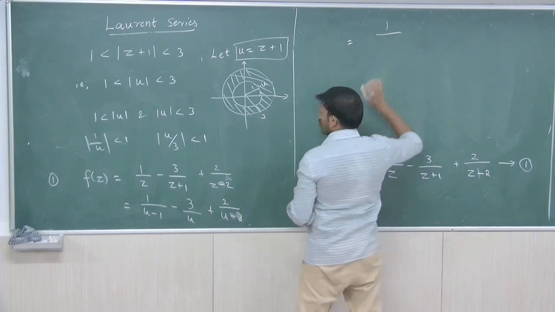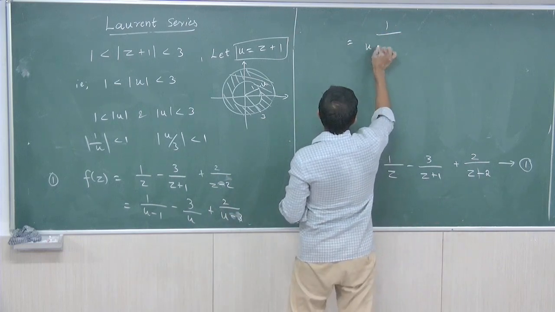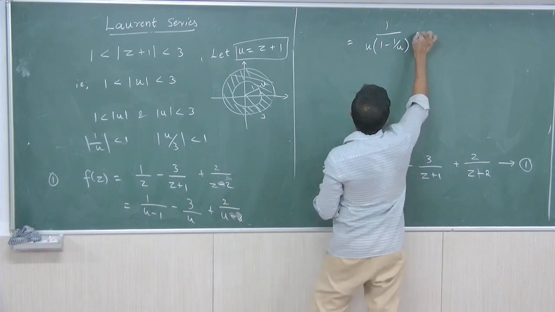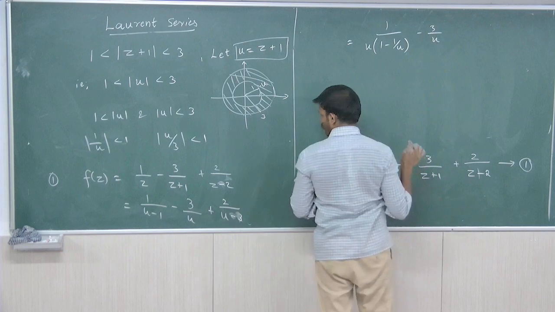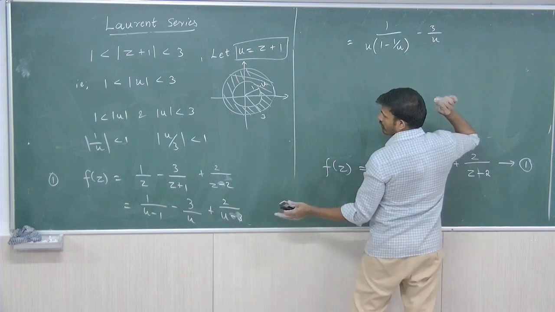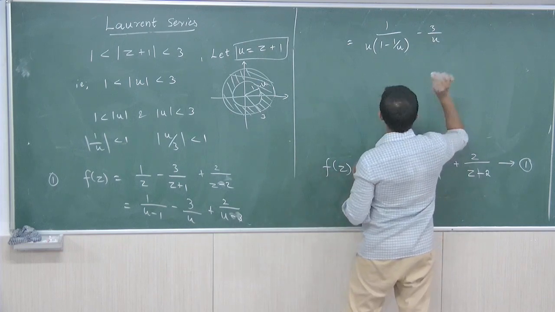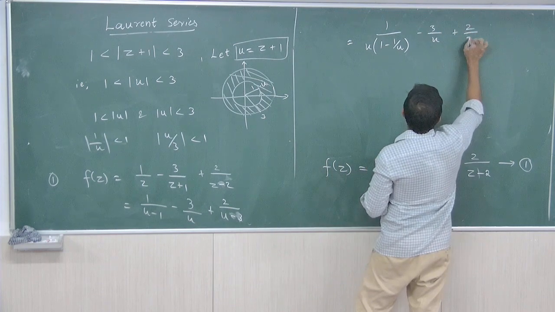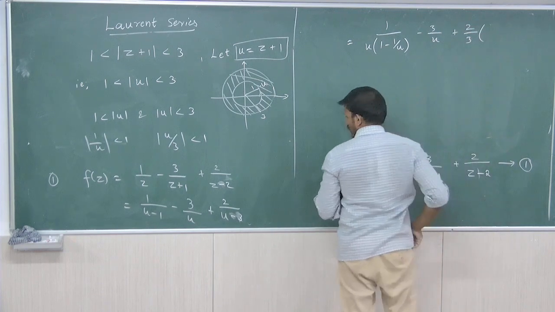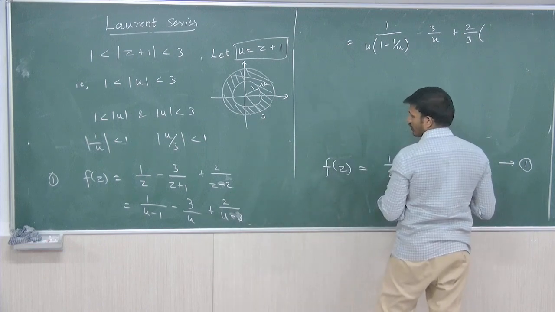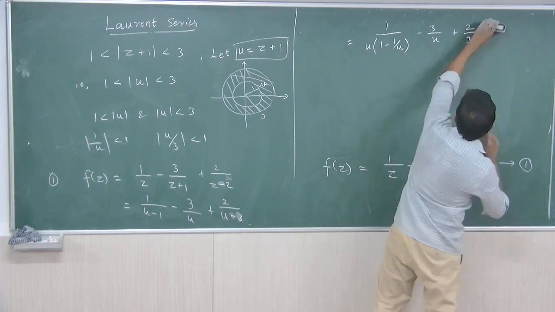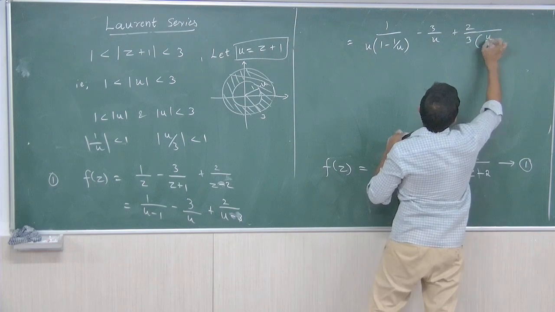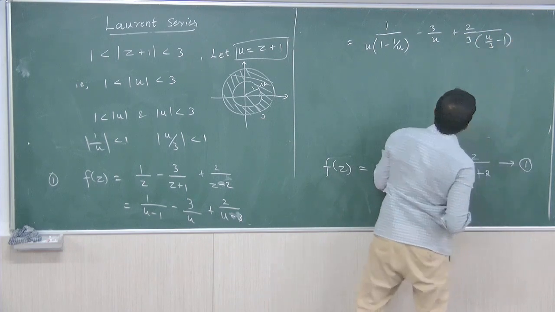If you take u as a common term, you may get 1 minus 1 by u, minus 3 by u. If you take 3 as a common term, you may get 2 by 3 into 3 into u by 3 minus 1.